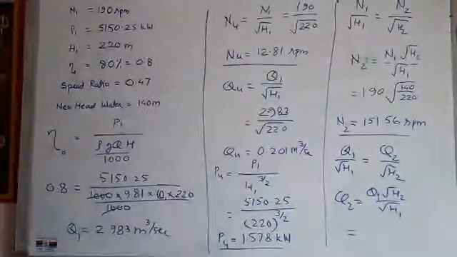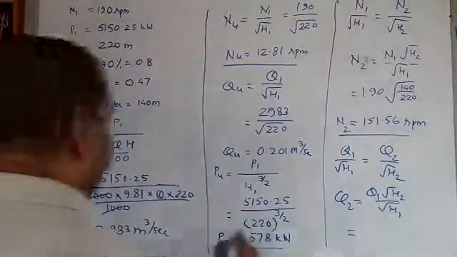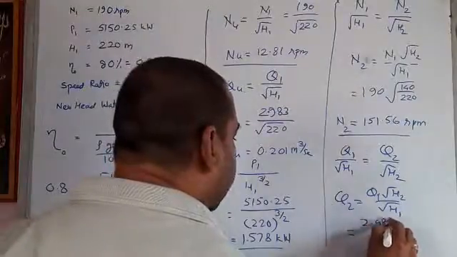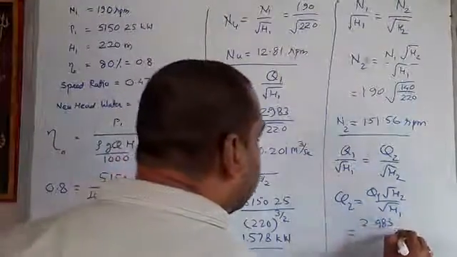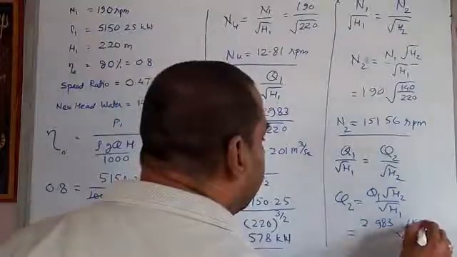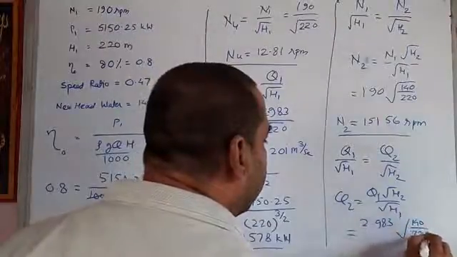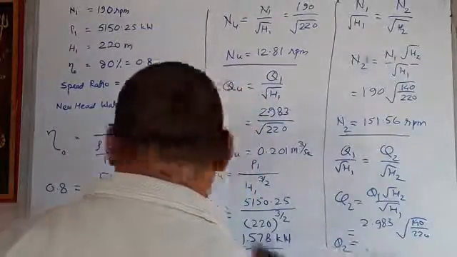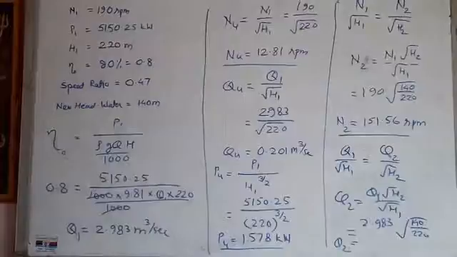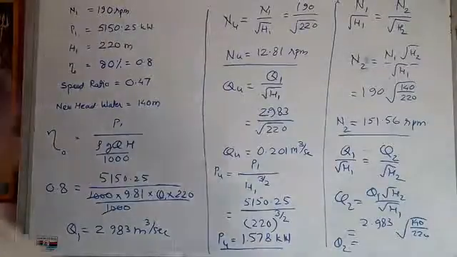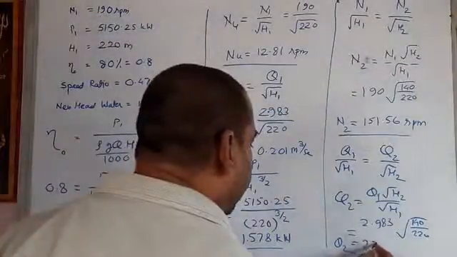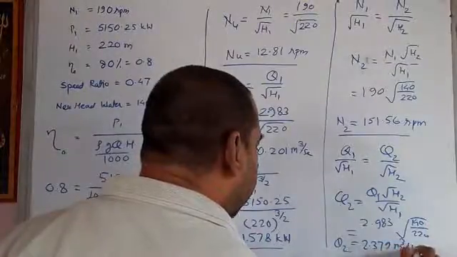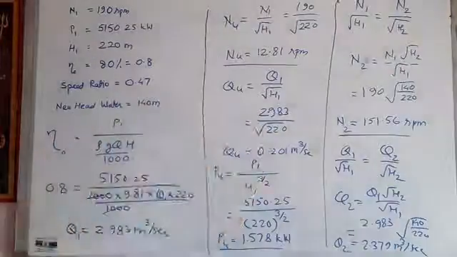Putting the values here, 2.983 into root of 140 by 220. So the value of Q2 comes 2.379 meter cube per second.